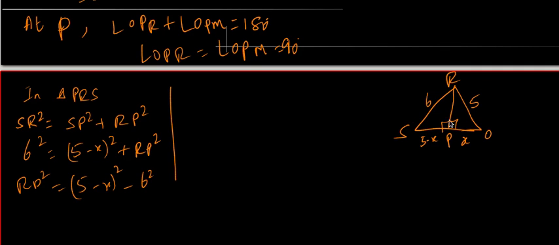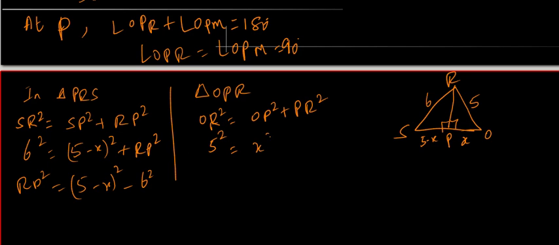In the second triangle, let me take OPR. In triangle OPR, the hypotenuse side square, OR square, equals OP square plus PR square. So OR is 5 square equal to OP square, which is x square, plus PR, which is unknown.